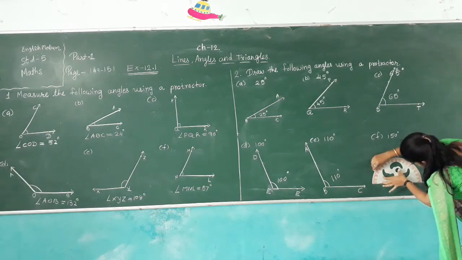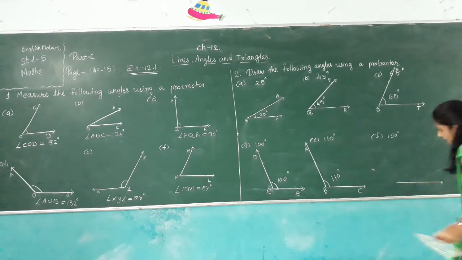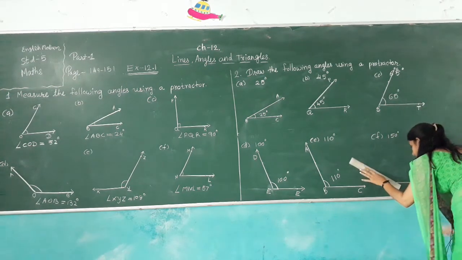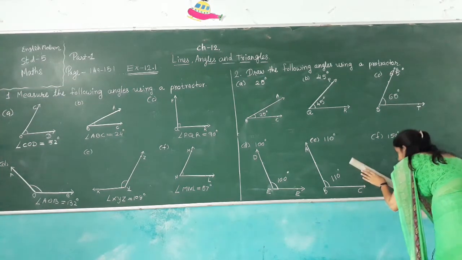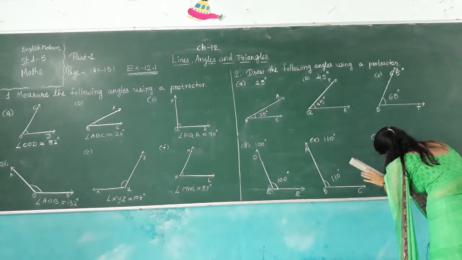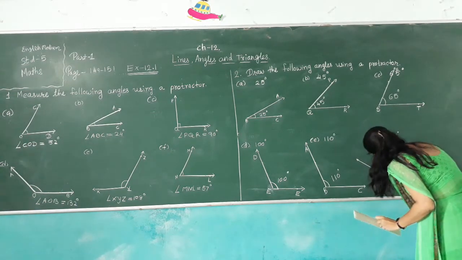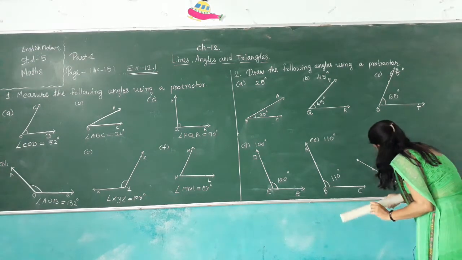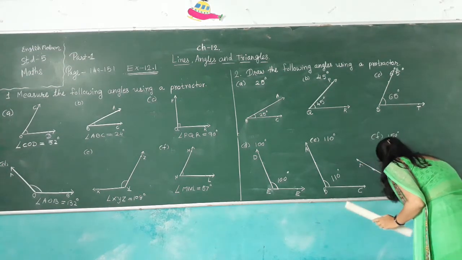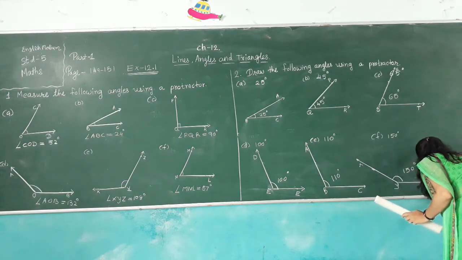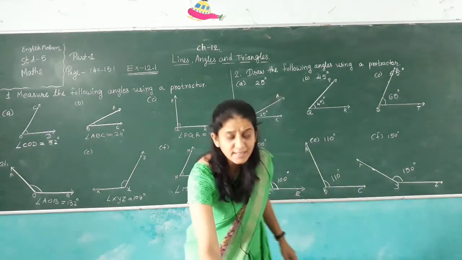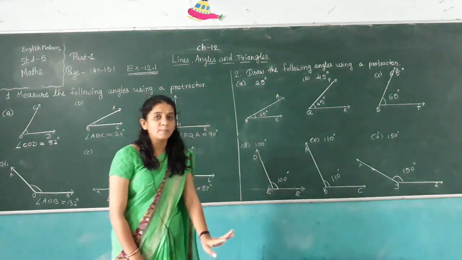Put a dot here, then join with a ruler. This angle is 150. Give the names X, Y and Z. Here exercise number 12.1 is completed.